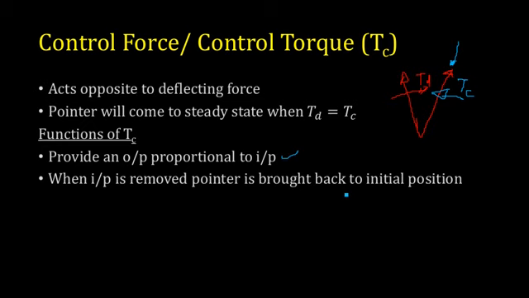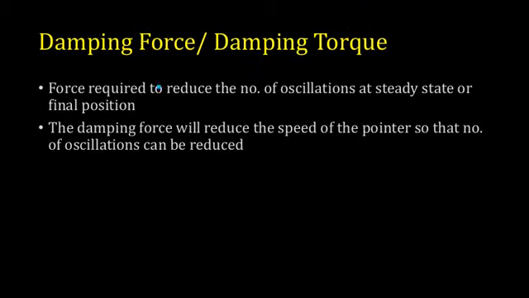If TC is not there, the pointer might stay here because TD has been removed. So you should have some mechanism of controlling torque to bring your pointer back to the 0 position. Again, the function of TC is to provide an output proportional to input by balancing TD, and once the input is removed and TD is equal to 0, the pointer has to be brought back to the initial or 0 position.